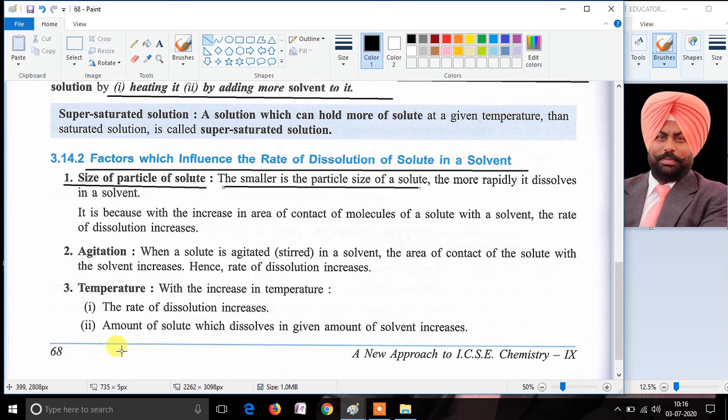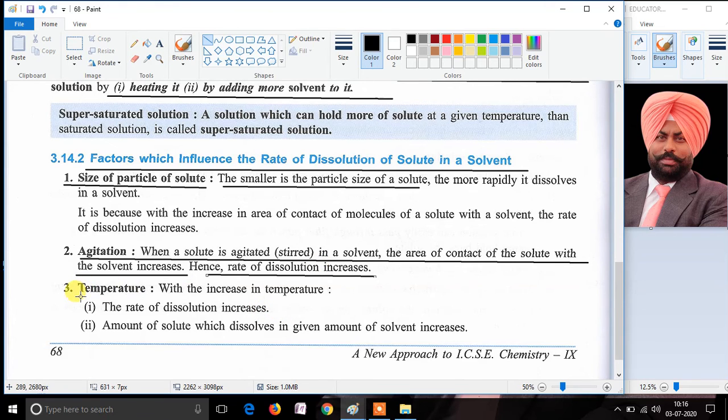The second factor is agitation. Whenever solute is agitated, means stirred, in the solvent, the area of contact of the solute with the solvent increases. And if the contact region increases, we can say the rate of dissolution also increases.